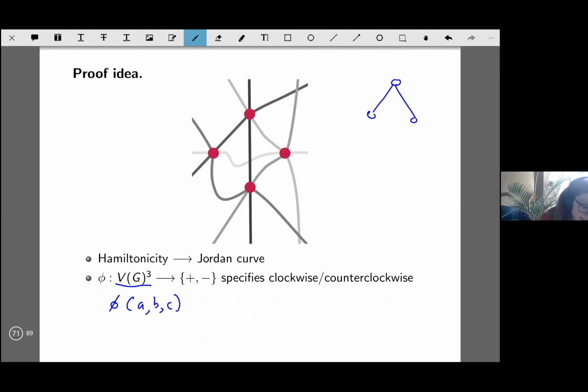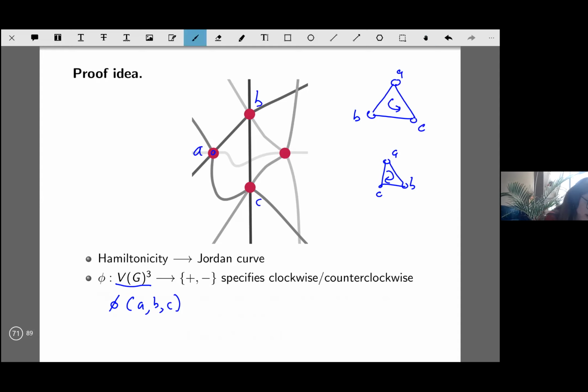So if this was just a line arrangement, we'd be able to say right away the ABC that look like this go in counterclockwise order, and the ABC that look like this go in clockwise order. But how do we do this for a pseudo-line arrangement?